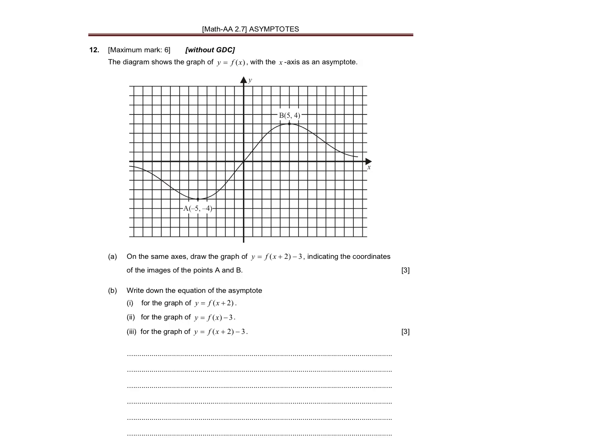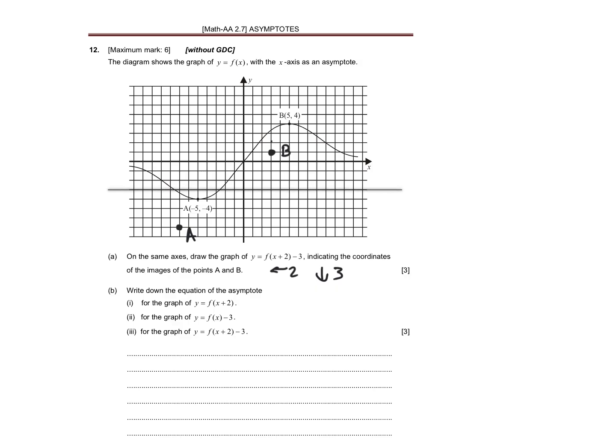So we are going left 2 and down 3. So left 2, down 1, 2, 3, this is B. And left 2, down 1, 2, 3, this is A. And also the asymptote goes left 2, which makes no difference, and down 3, so that's going to be at negative 3 here.